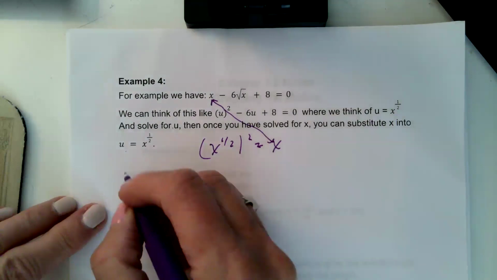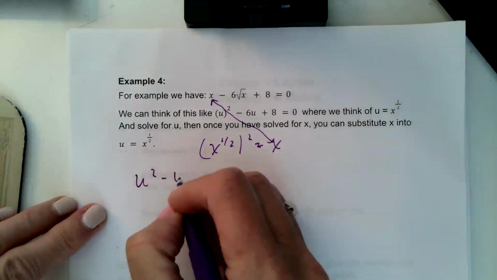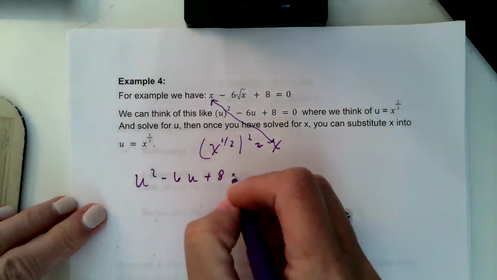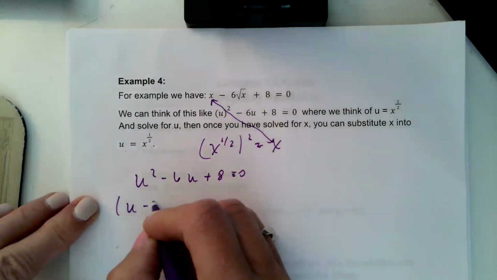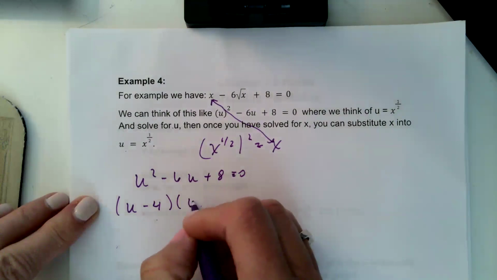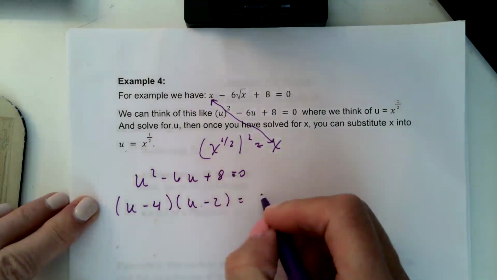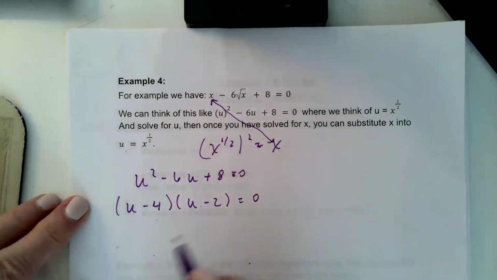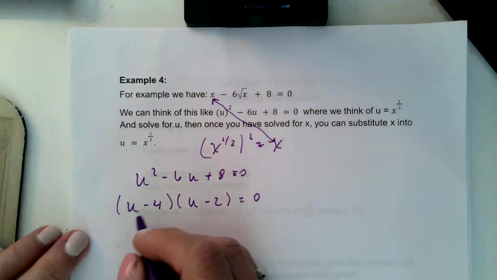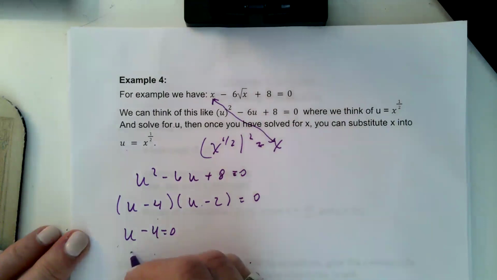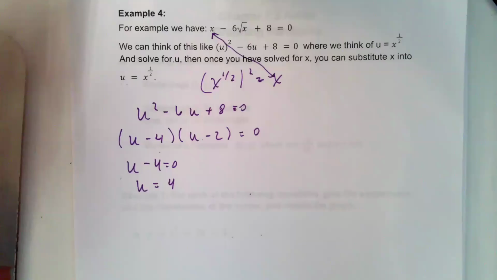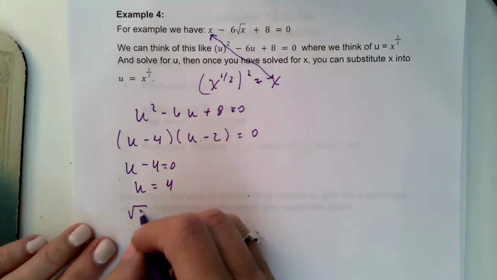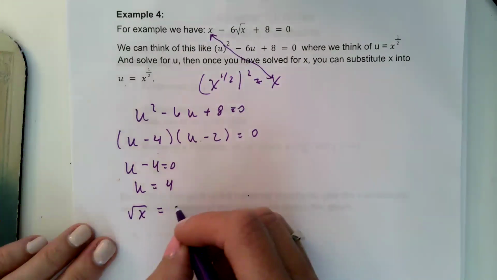And so we have u squared minus 6u plus 8 equals 0. And this factors beautifully into u minus 4 and u minus 2. And so u minus 4 equals 0, so u equals 4. But u actually equals the square root of x, because that's x to the 1/2.